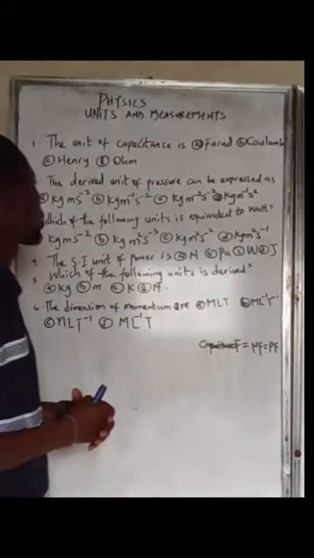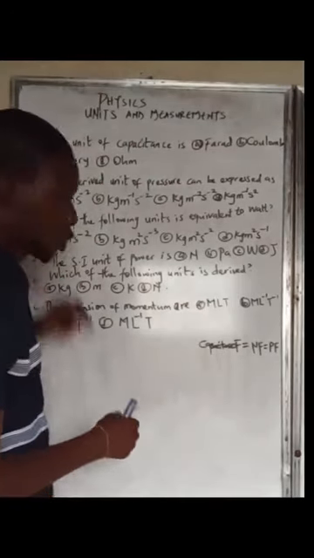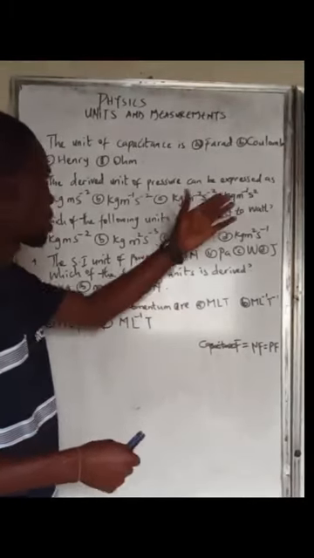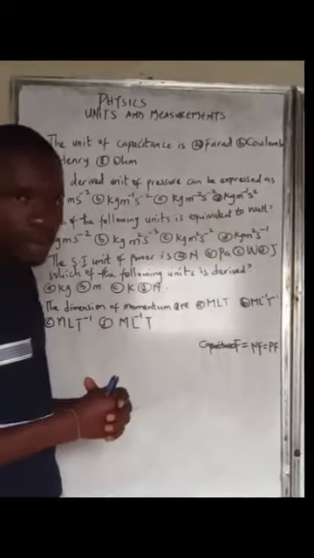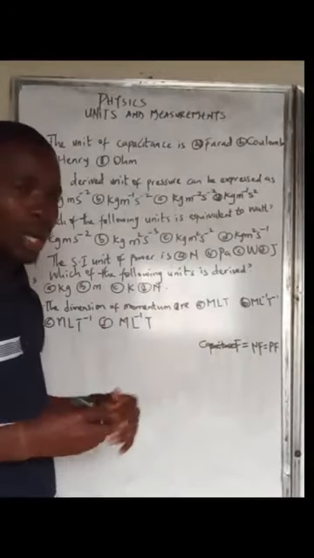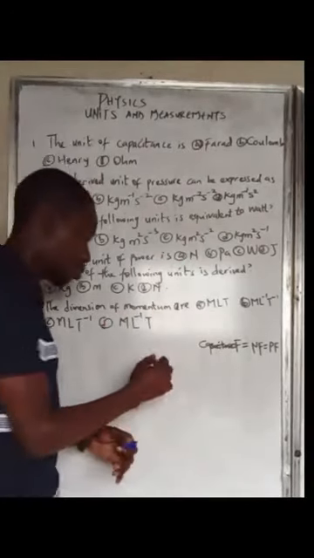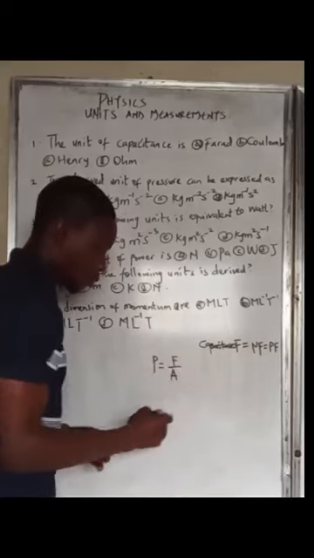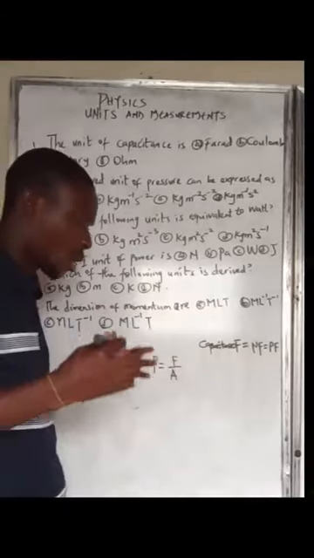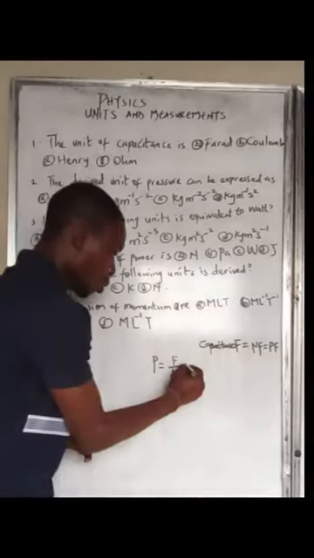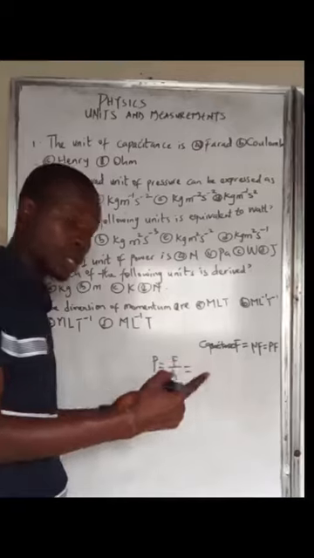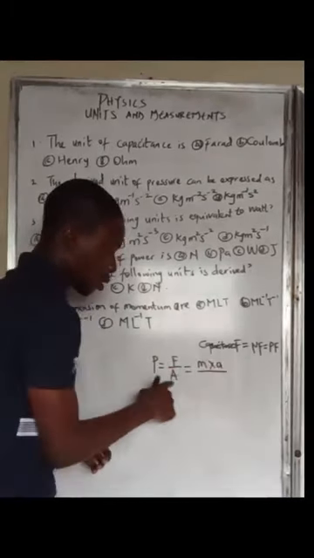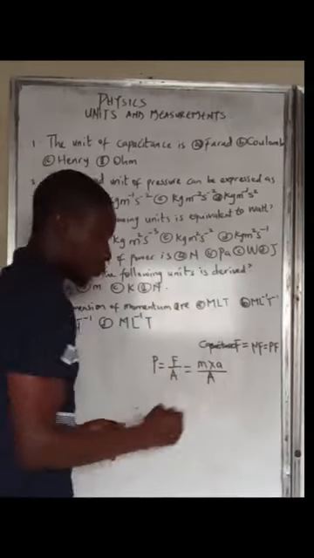So now we want to see the next question. The derived unit of pressure can be expressed as which of these? Now we need to know that pressure is equivalent to force over area. And from our previous knowledge, we know that force is mass times acceleration due to gravity, over area.